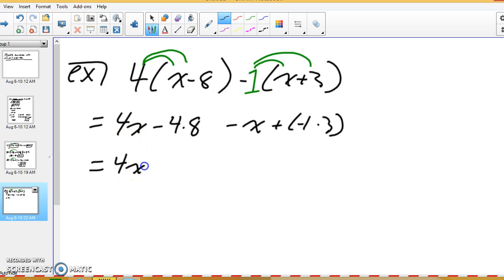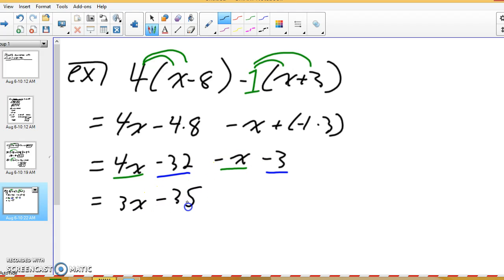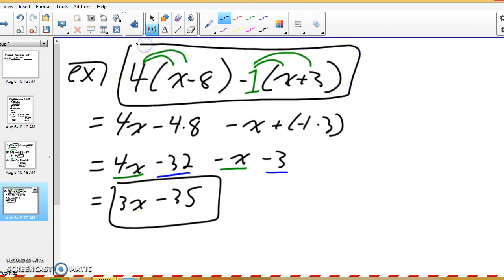So we have 4x, that would be minus 32 minus x minus 3. Okay, so we have a couple sets of like terms, our x's and our constants. So this would become 3x minus 35. So again, this shorter expression is the exact same thing as this longer expression, just broken down much more simply.